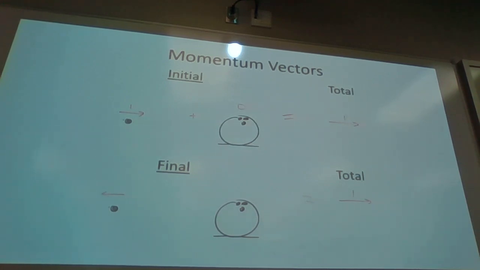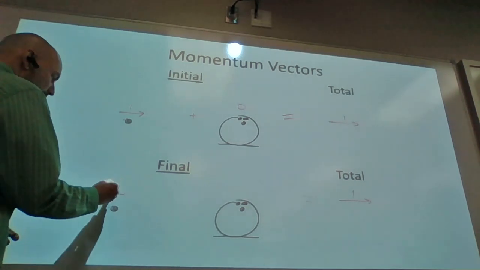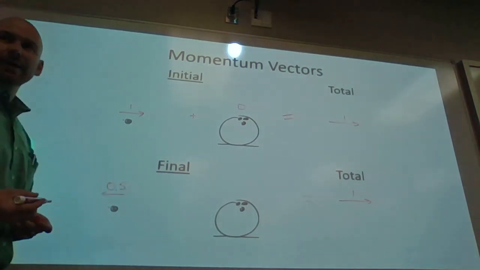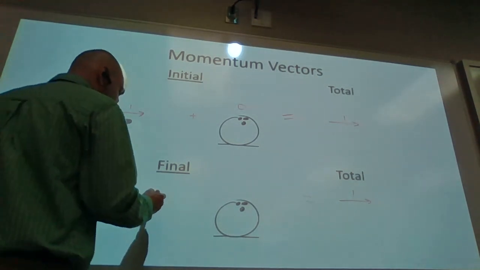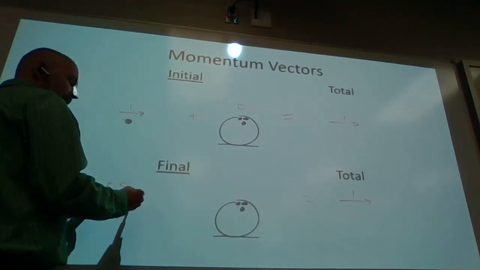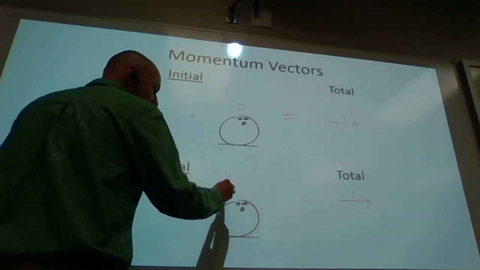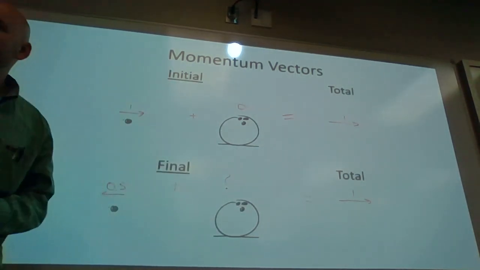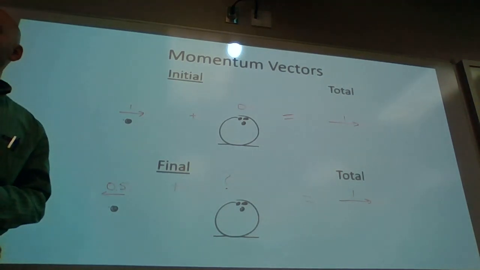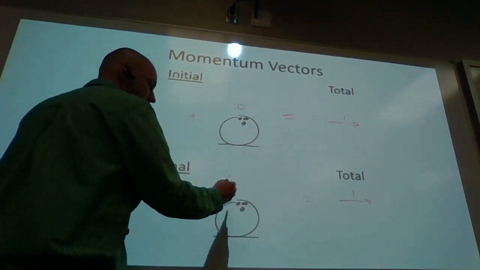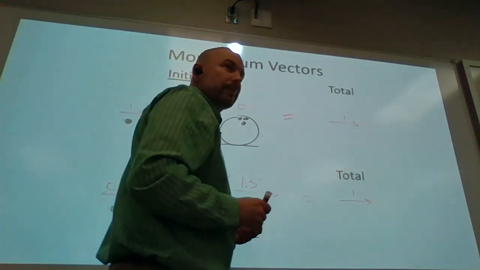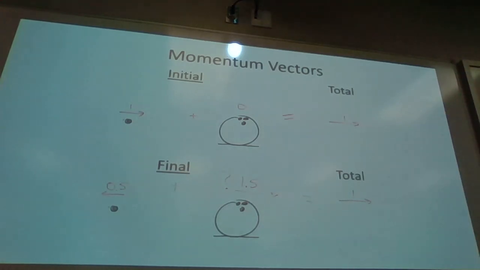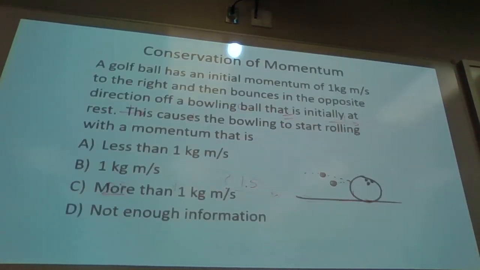Does that make sense? I'm just going to say 0.5. It really doesn't matter. It could be 0.9. It could be 0.2. It doesn't matter. Okay. So I've got 0.5 to the right plus something gives me 1 to the right. I have to have 1.5 to the right. Correct answer is C.